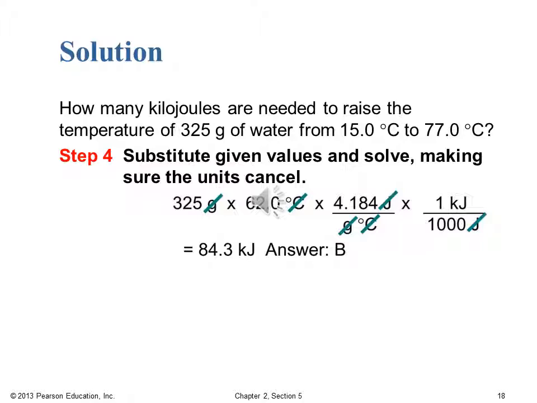And then finally the conversion factor, 1 kilojoule over 1,000 joules, right? That way we'll get grams to cancel, degrees Celsius to cancel, and joules to cancel to leave us in a final answer that's in kilojoules, and in this case is 84.3 kilojoules, which was answer choice B.